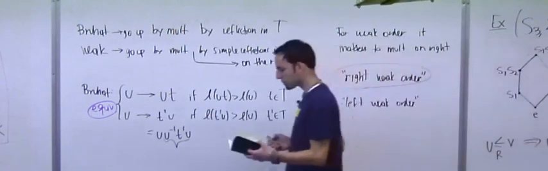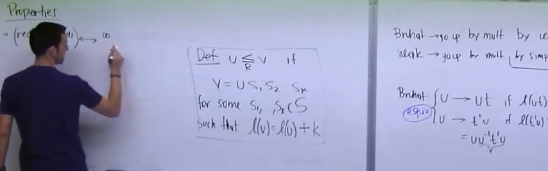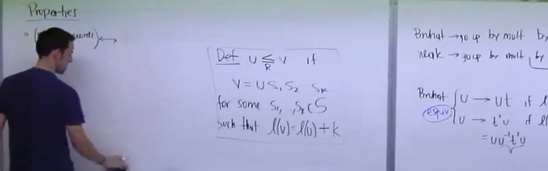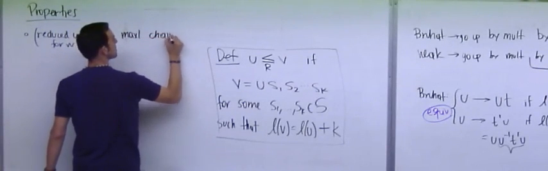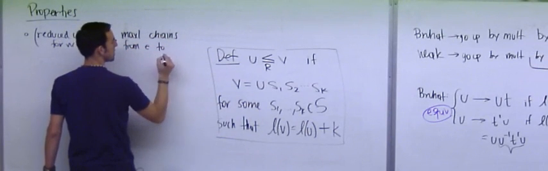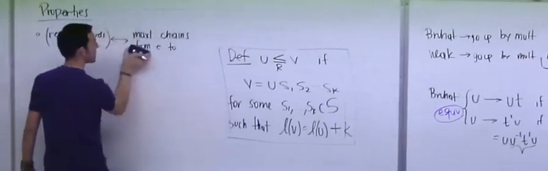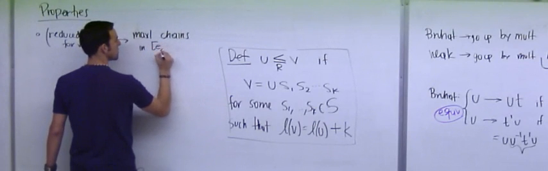And so that means that the reduced words for W are exactly the same thing as the maximal chains, let me write it in this way, the maximal chains in the interval from E to W.